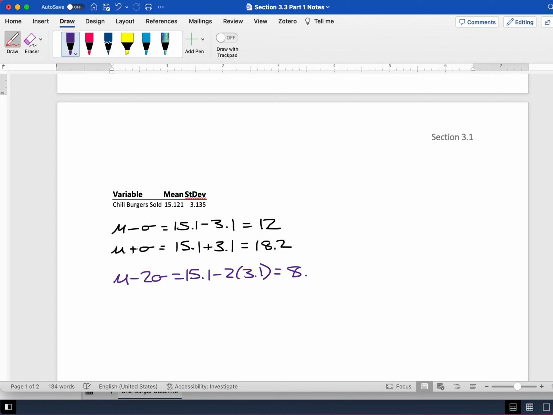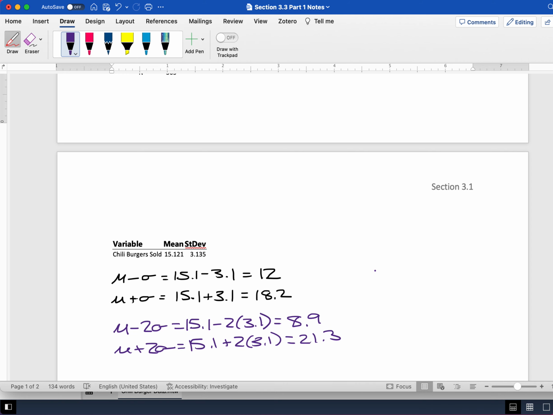That's 8.9. And mean plus 2 standard deviations is 15.1 plus 2 times 3.1, which is 21.3. So what percent of the data are between 8.9 and 21.3? We're looking to see if it's about 95%.